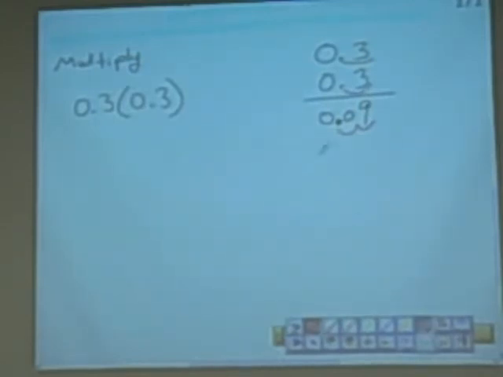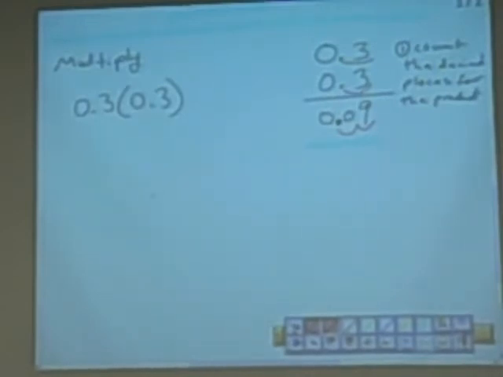Okay, that's confusing, but if you have a problem like 7 times 7, or 0.7 times 0.7, we want to count the decimal places for the product. Product meaning our answer.